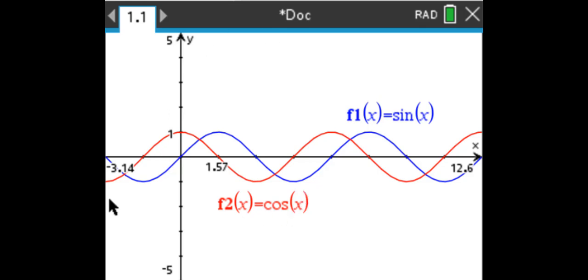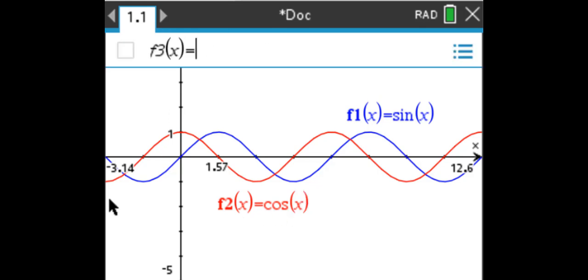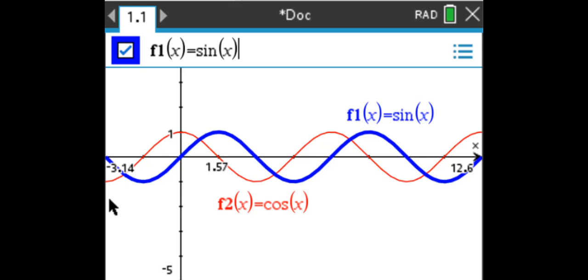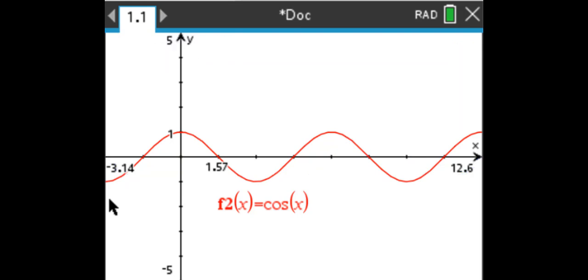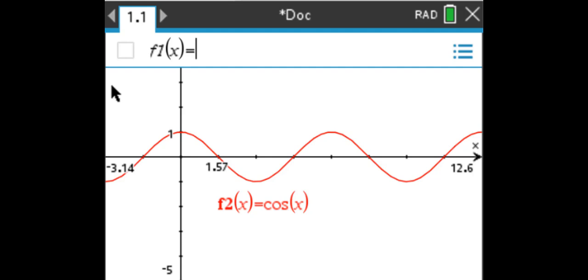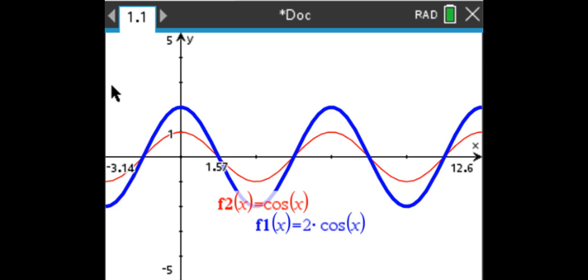All our translations and transformations are the same for our cos curve. So if I put a 2 in front of cos, that changes the amplitude. It doesn't change our period. Our period for a cos curve is 2 pi, just like our sine.